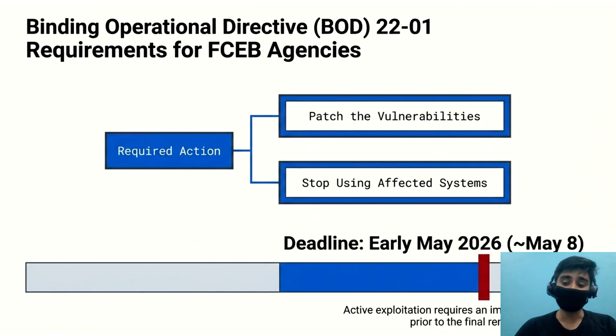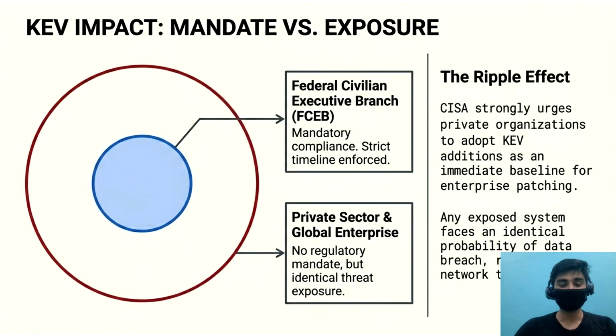Coming to the Binding Operational Directive, BOD 22-01, requirement for agencies, the required action is needed because of the vulnerability: stop using affected systems. The deadline is set to May 8, 2026. On known exploited vulnerability impact, mandate versus exposure: the federal civilian executive branch, FCEB, must comply under a strictly enforced timeline. For the private sector, there is no regulatory mandate but identical threat exposure.